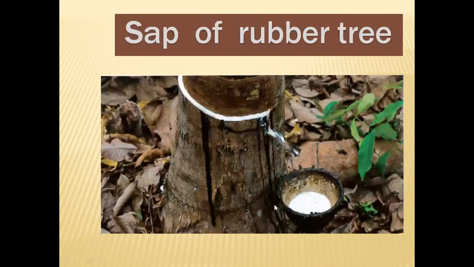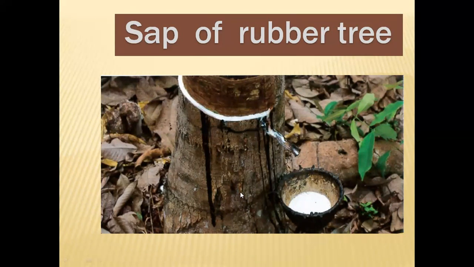Here you can see sap of the rubber tree. This is the rubber tree, and the white solution is called sap of the rubber tree. We cut part of the tree, and the liquid that comes out of the rubber tree is called sap of the rubber tree, and with this we can make rubber.